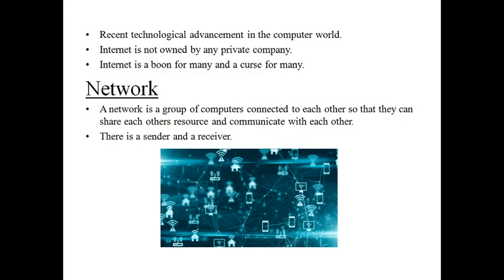So a network is a group of computers connected to each other so that they can share each other's resources. When we visit internet cafes, you can see there are large number of computers in an internet cafe, but you can see only a single printer.